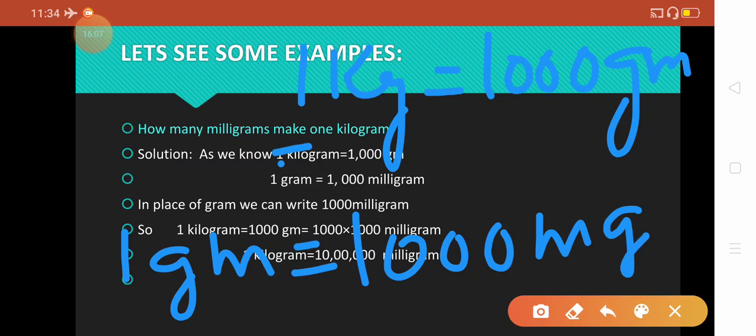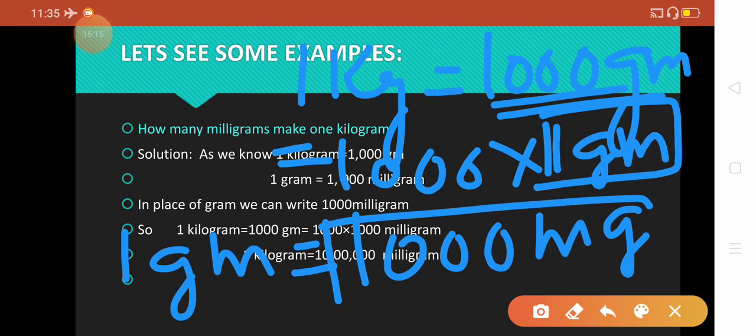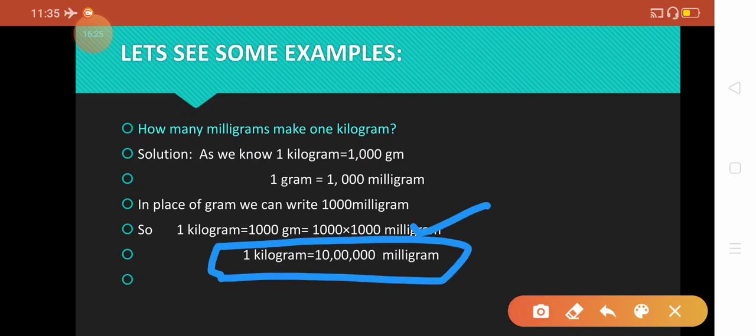In the same way, we will write this value as 1000 multiplied by 1 gram. In place of 1 gram, we will put this value. So 1000 multiplied by 1000 milligram, and 1 kilogram is equal to 10 lakh milligram.